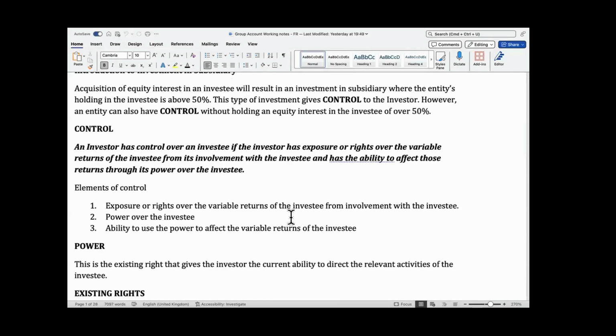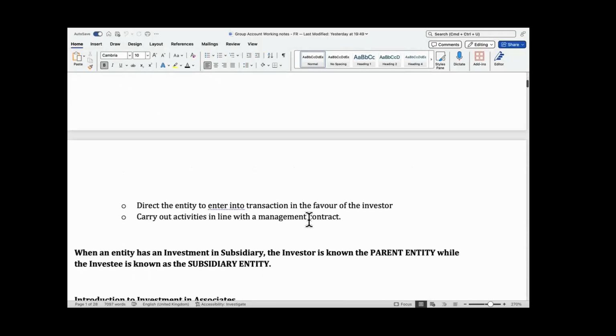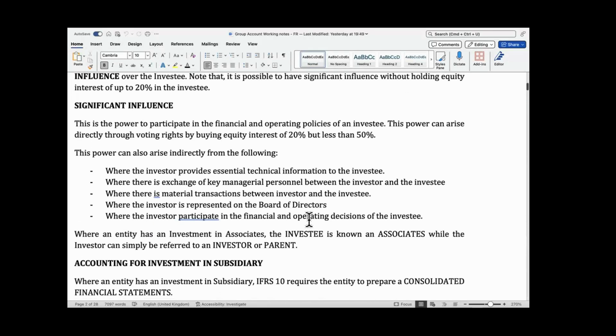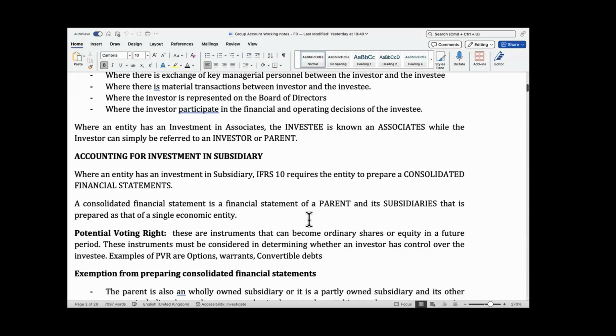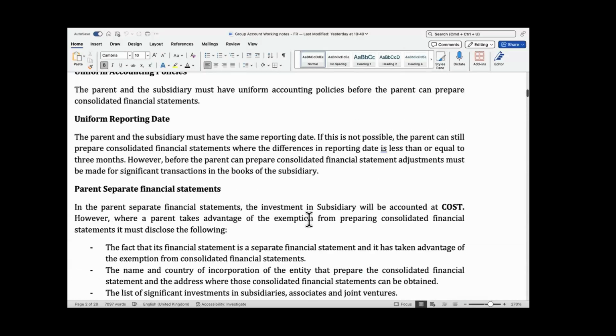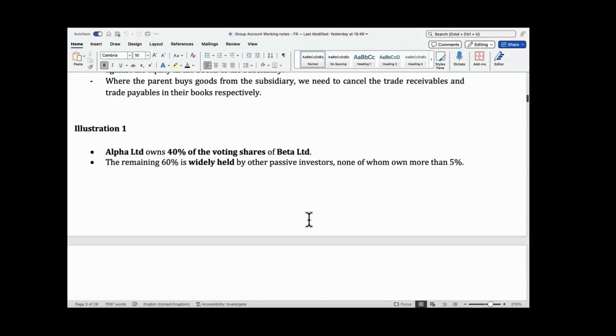The background comes from the fact that there are intercorporate investments, companies investing in another, and this investment can result in investment in subsidiary, investment in associate, and financial asset. We said our focus here is investment in subsidiary and investment in associate, and we started out with investment in subsidiary.